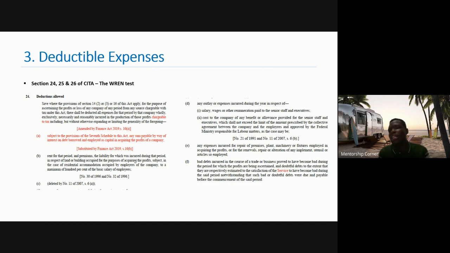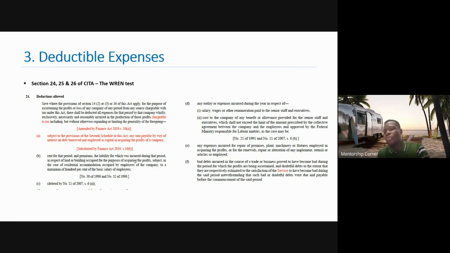From your ECL, from your internal loan that you gave and everything, just made everything to become bad debt. No, it's always good to specify, is this bad debt coming from my receivables, right? Is it as a result of pilferage? So if you can specify what the bad debt relates to, then I think you are good to go when it comes to allowing or disallowing such bad debt.